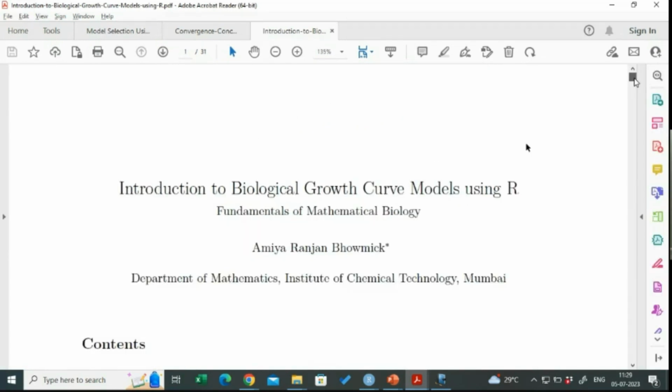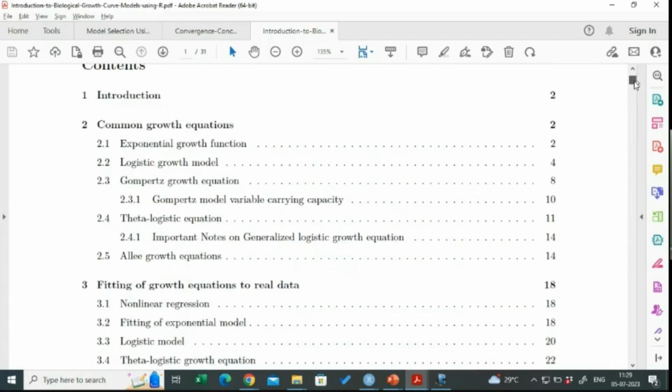I'm also planning to create a series of basic documentation for fundamentals of mathematical biology, and in particular how mathematical biology is getting integrated with data science and machine learning. In general, a lot of research in mathematical biology is concentrated on dynamical systems, their stability analysis and understanding their bifurcation behavior, and many things seem very mathematical in nature.